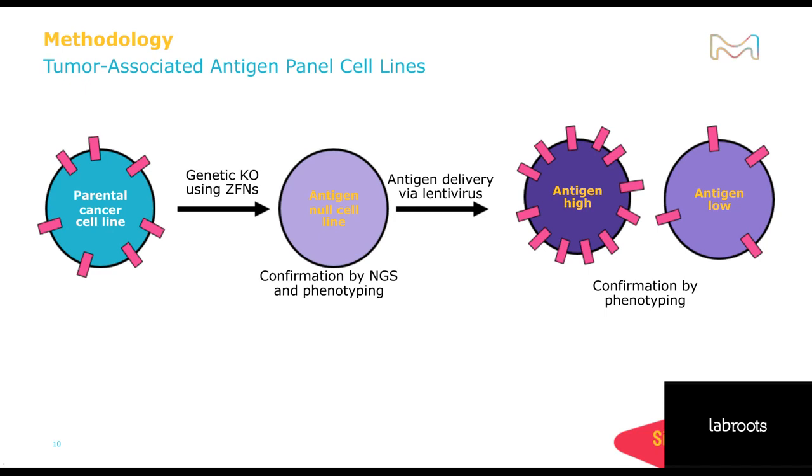We then took these knockout cells and delivered the tumor-associated antigen of interest via lentivirus, and we performed single-cell cloning and identified clones that expressed differential levels of the protein, thus giving you one cell line that expresses low levels of the protein and another cell line that expresses high levels of the protein. But all of these came from the parental cell line. They grow the same in culture, use the same media conditions, and they are amenable to high throughput screens.